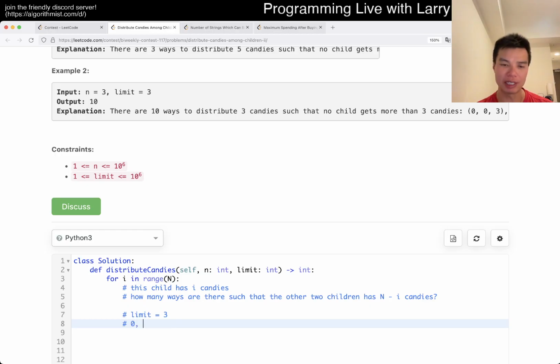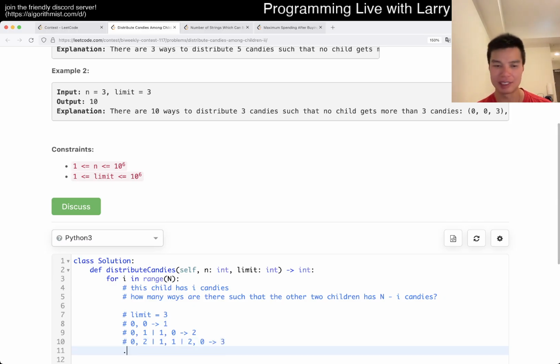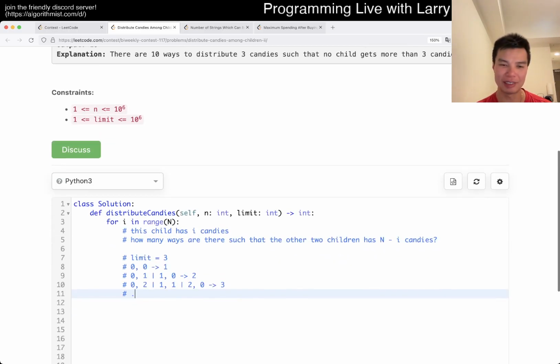Then you have 0 0, which is 1, 1; or 0 1, 1 0, which is 2; 0 2, 1 1, 2 0, which is 3, right? And dot dot dot, until you get to 3 3, which is 1. 2 3, 3 2, which is 2, right?